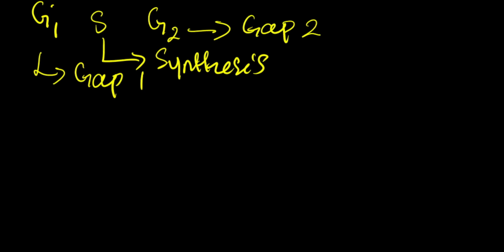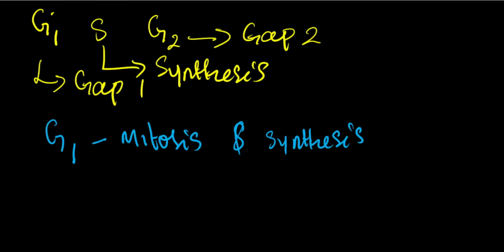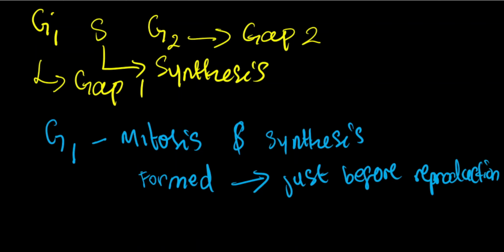And as I stated earlier, the interphase is simply associated with the normal metabolic activities of the cell in the absence of reproduction, so in the absence of cell division. All right, so we have the gap phase as the interval between mitosis and synthesis. It's the period from when the cell is formed to the period just before it's about to reproduce. Before reproduction is DNA replication.